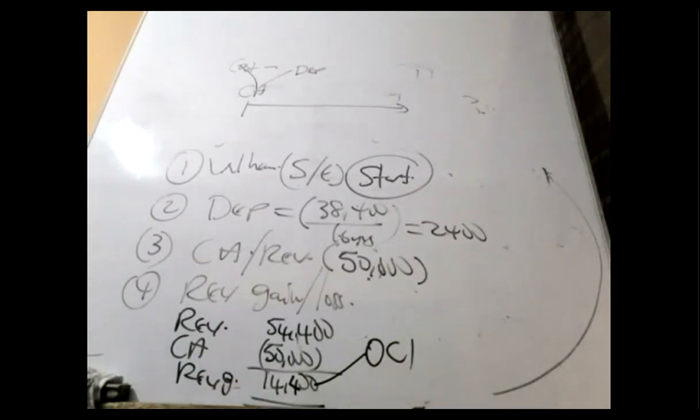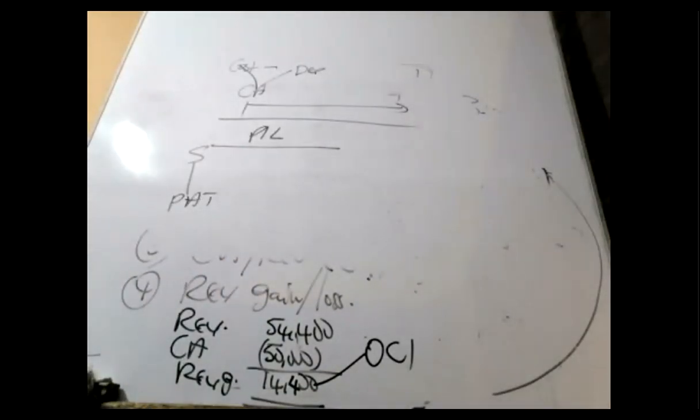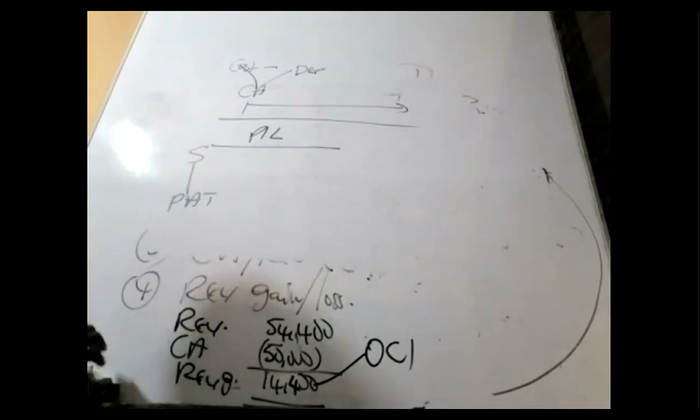Now, if you go to your P&L, we're going to assume that this is our P&L and other comprehensive income. From sales revenue to profit after tax is the actual P&L.